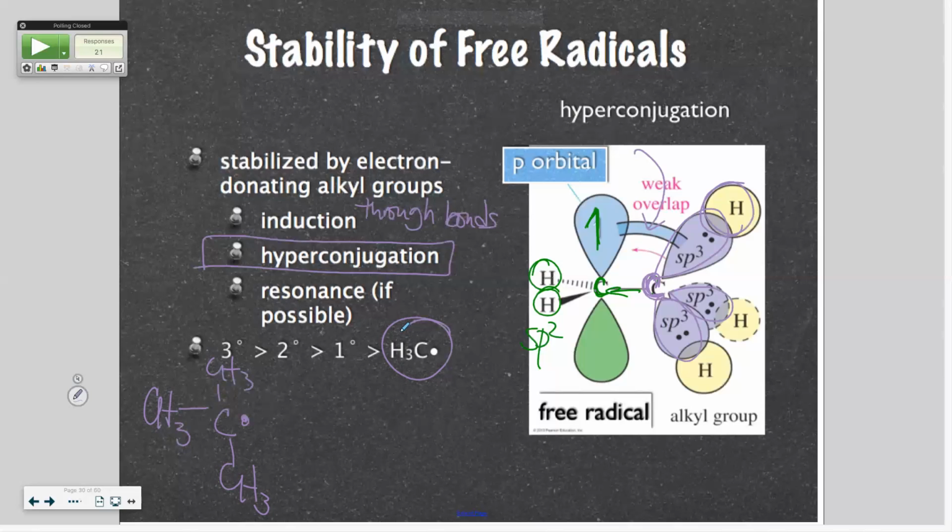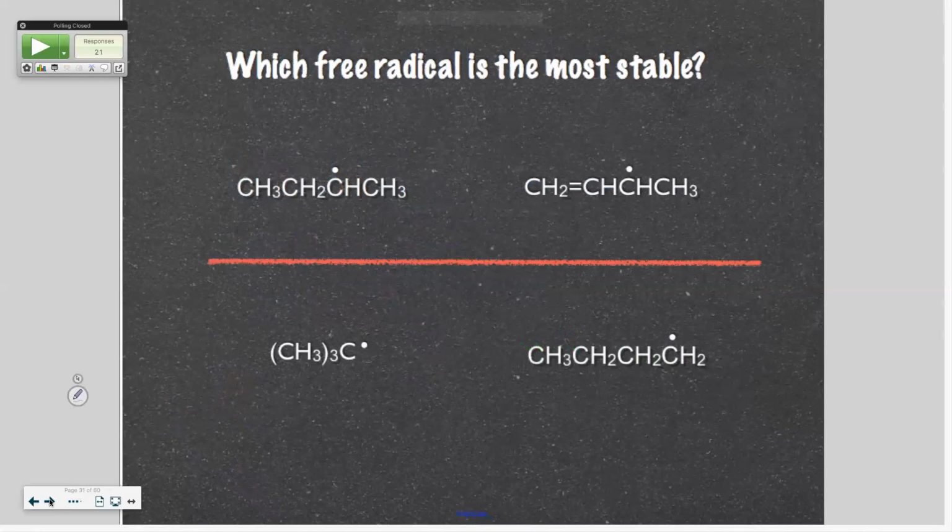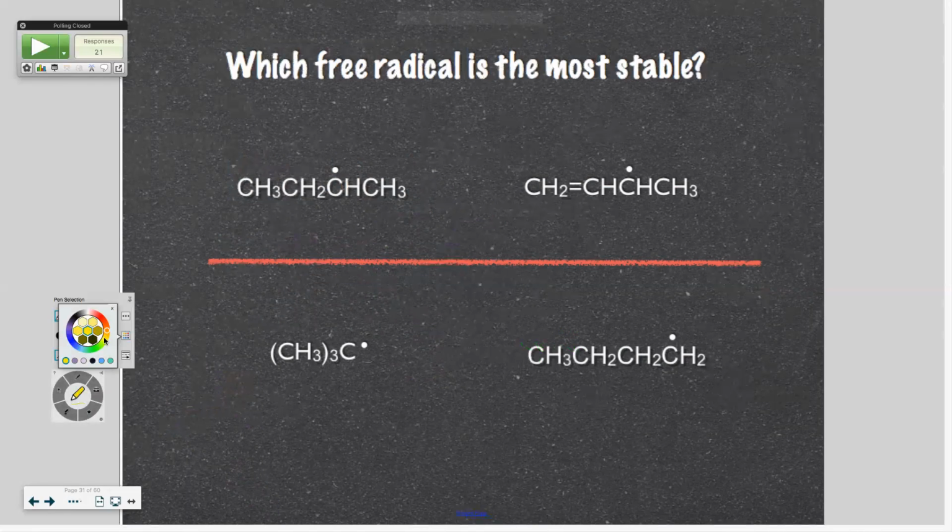So as you increase the alkyl groups on the carbon that becomes the free radical, you increase the stability of the intermediate. Okay, so which free radical is the most stable? Let's do the bottom one first. This one is what kind of free radical?